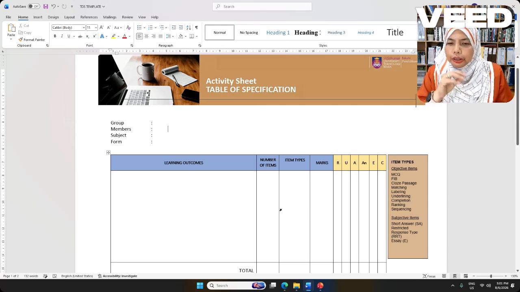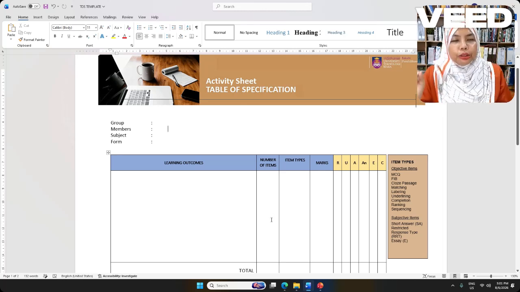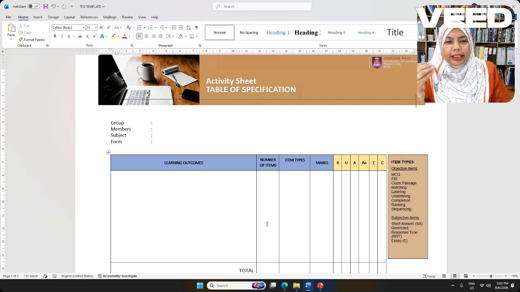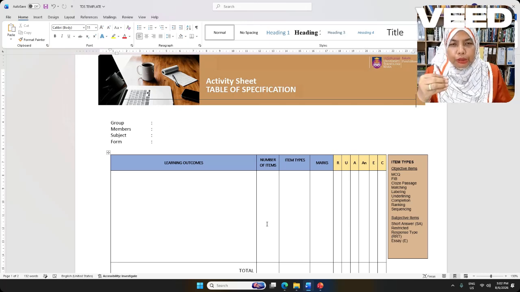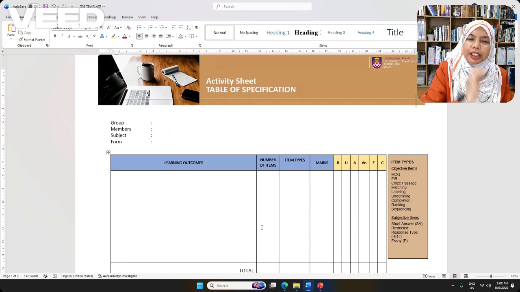Okay, so before you ever attempt to do this TOS, because this is aligned to assignment 1, it is highly recommended that you approach this exercise within a group setting. So find group members for assignment 1, decide on the subject that you want to assess, decide on the tingkatan for that subject, and after you have gotten all the information sorted out, then only you can fill up this TOS.